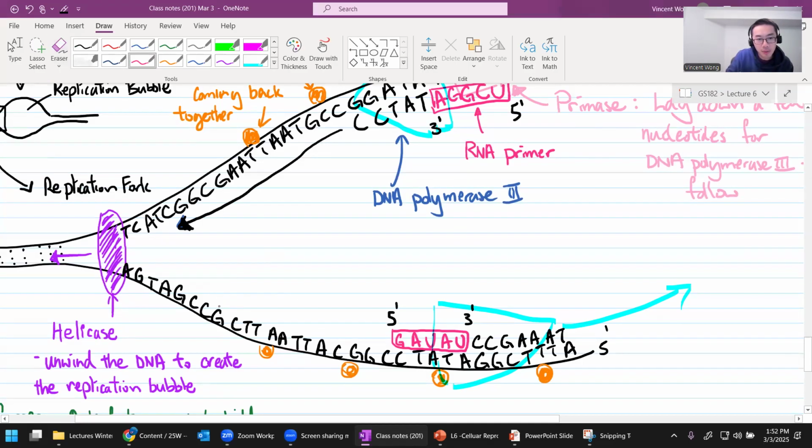So a primase would come and lay down a few more nucleotides. And then another polymerase 3 is going to go build this way. And as you expose more and more nucleotides, guess what? You're going to have another primer. And then it's going to go like that.